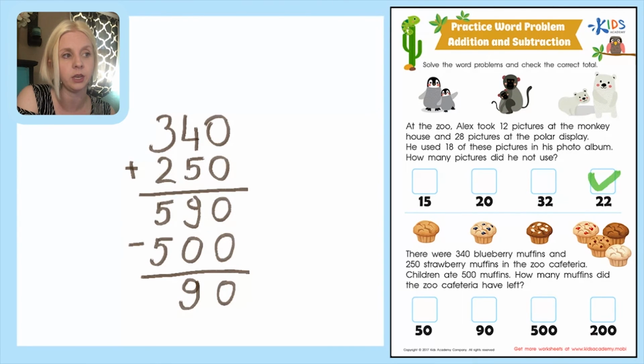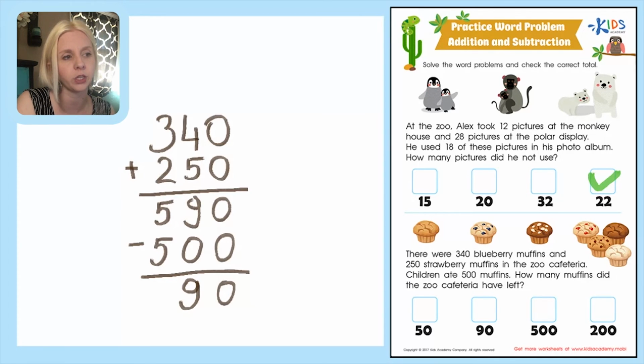So far this is pretty easy. And then 5 minus 5 is 0. But since this is in the hundreds place, we don't need to write that down. We know it's 0. There's nothing there. So our total is 90. That's how many muffins the zoo cafeteria had left after the children ate the muffins.